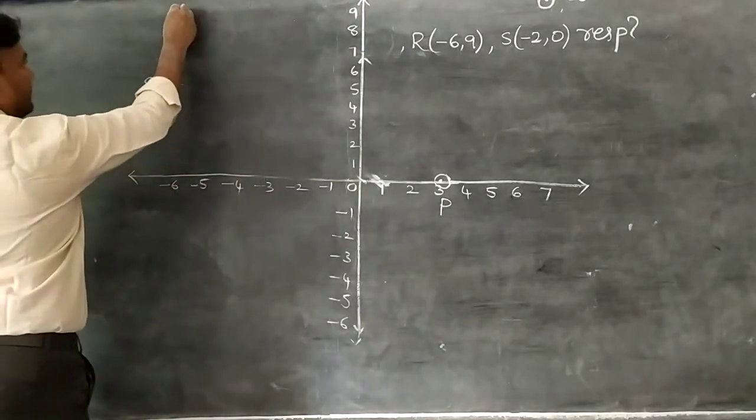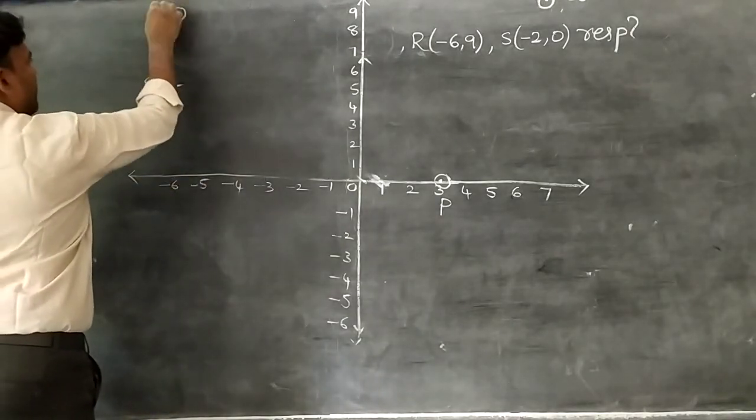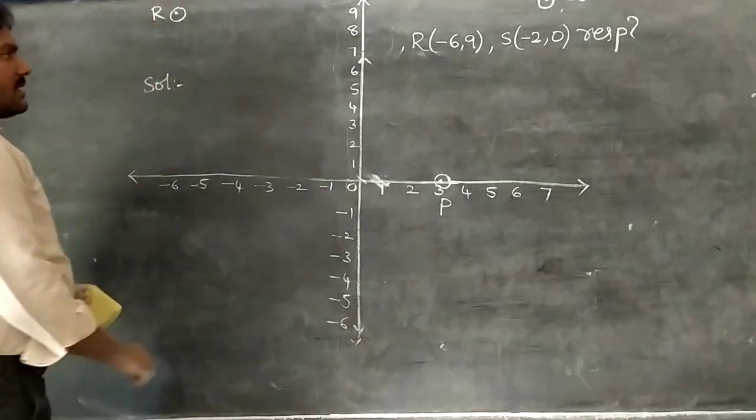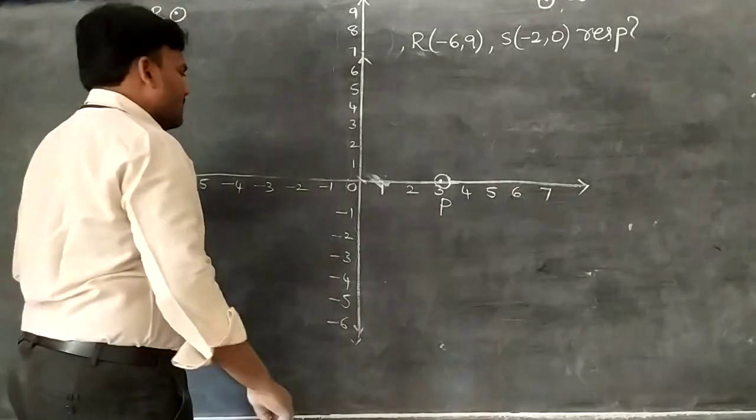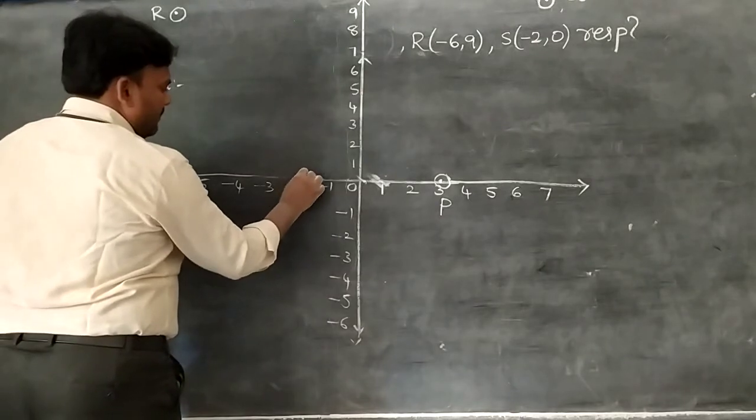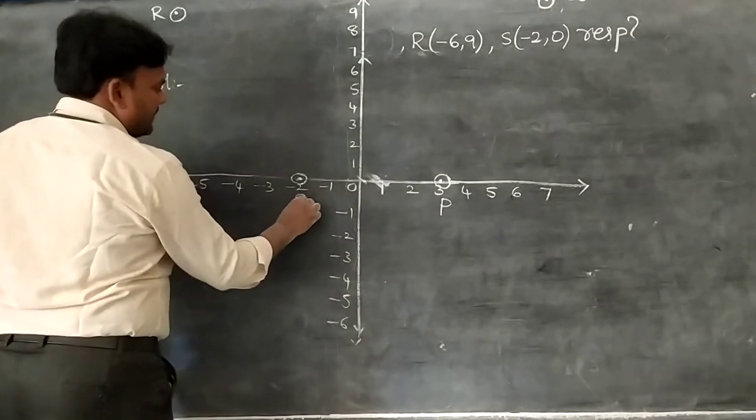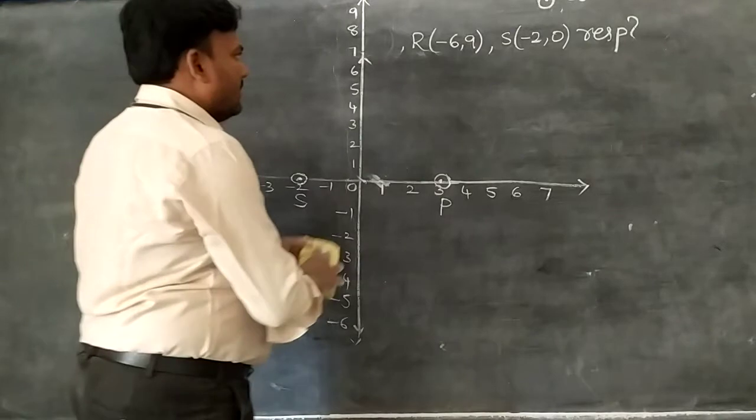This is R. Next, S is (-2, 0): x value -2, y value 0. This is S. Okay, students, join them.